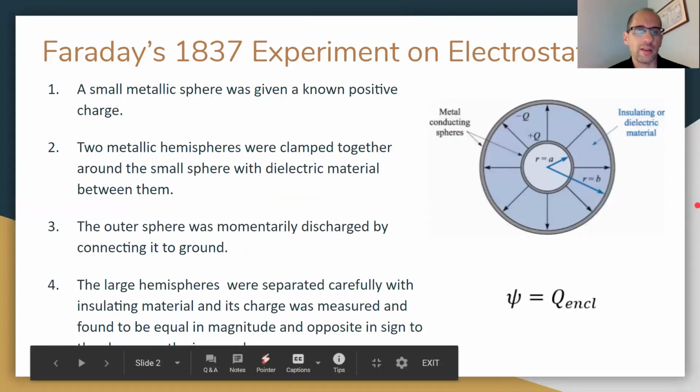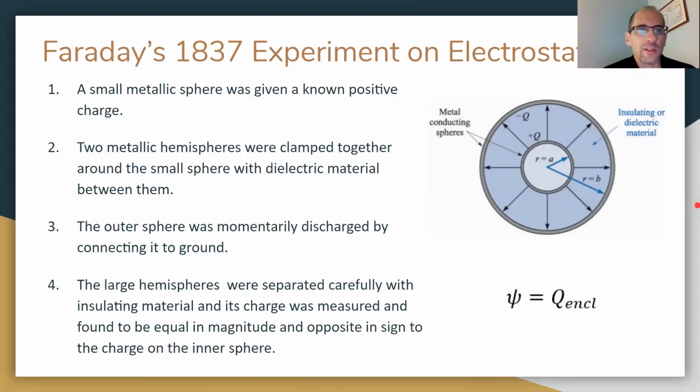Going back to my last video, just a brief overview: we talked about Faraday's 1837 experiment on electrostatics, where he had two concentric spheres. He charged up the inner sphere to a known positive charge, and then he clamped another sphere concentric around it, not touching it, with a dielectric material in between them.